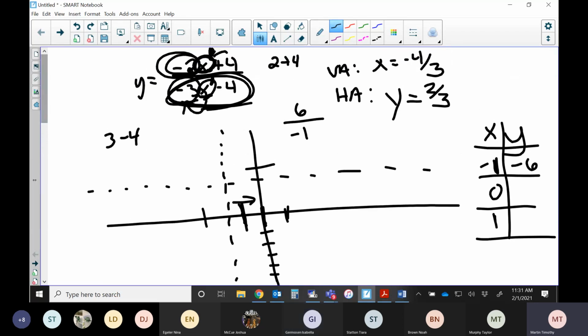If I plug a 0 in, all this is going to turn to 0, and 0 plus 4 is a +4. 0 minus 4 is a -4, and 4 over -4 is -1. Finally, I put a 1 in the place. 1 times a -2 is -2. -2 plus 4 is +2.